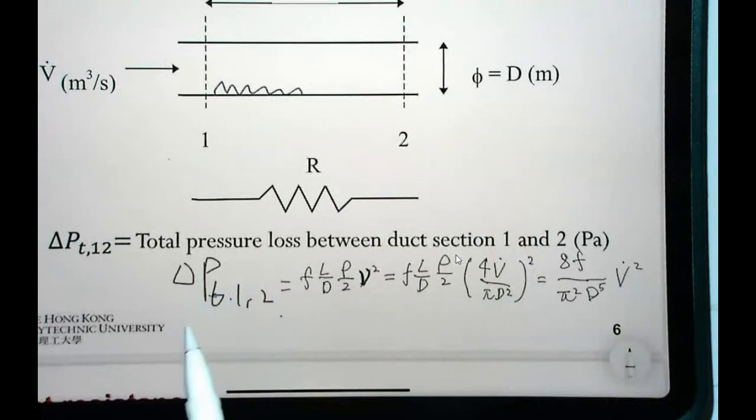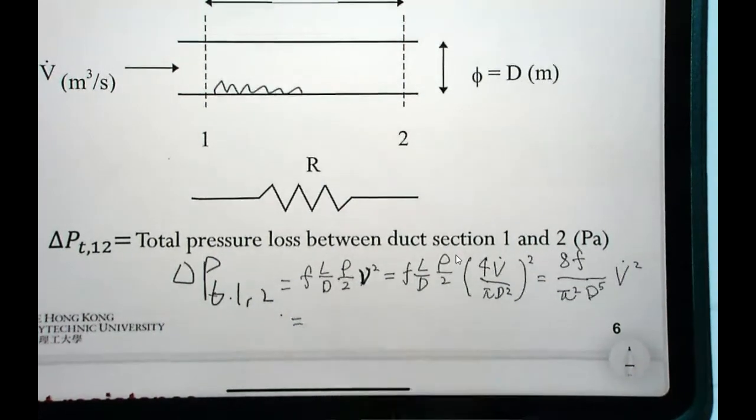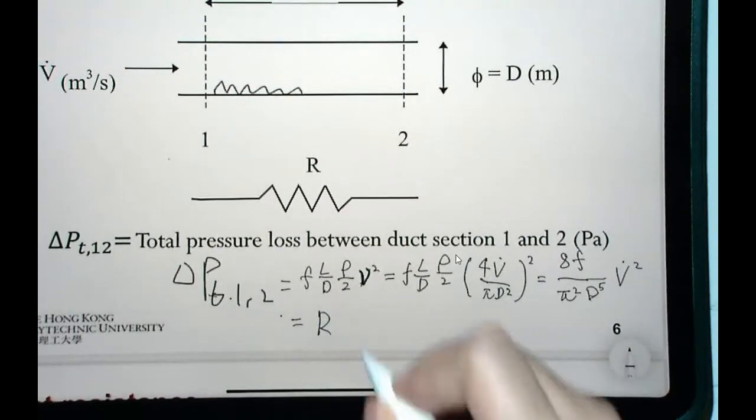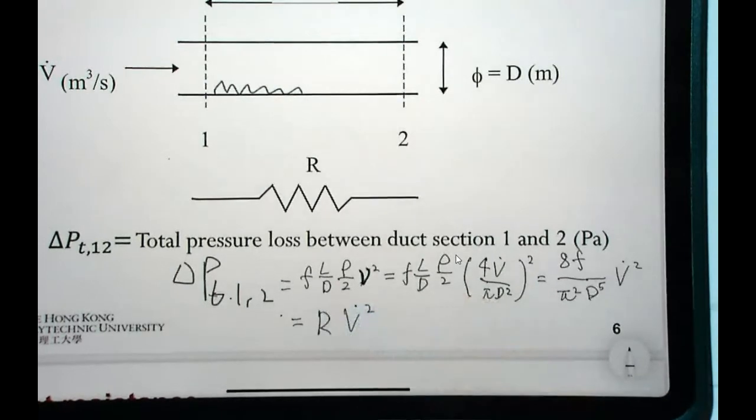So when we make an analogy of the total pressure loss with thermoelectric, then we can further express this equation into R times V dot square.